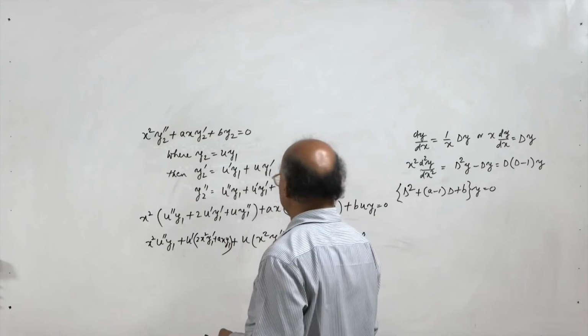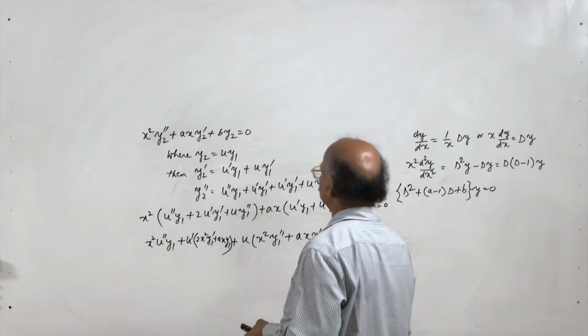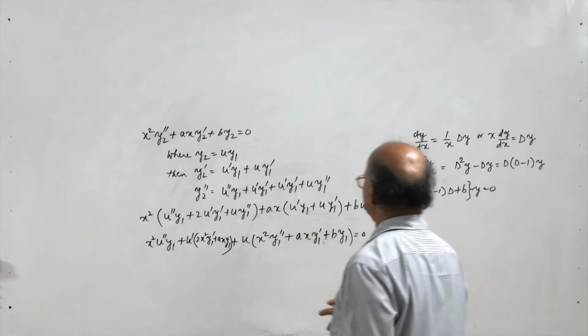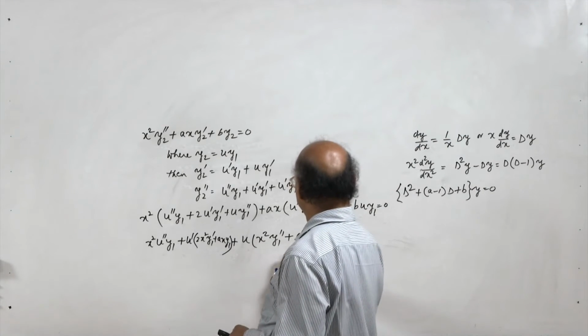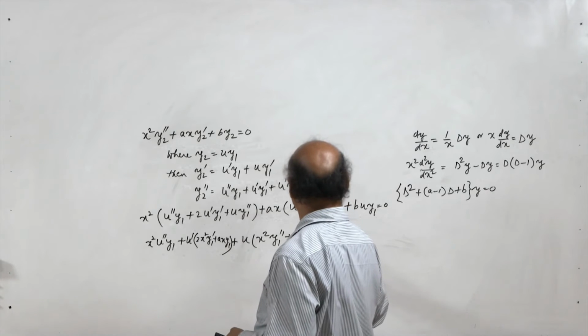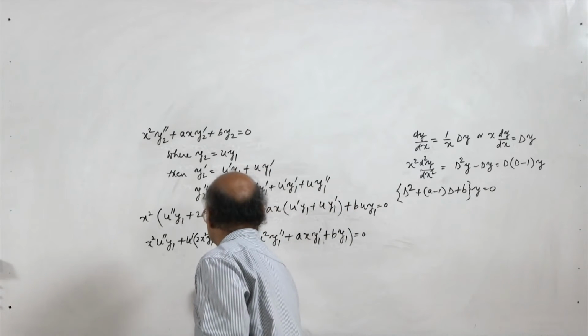Now, let us see, since y1 is a solution of the given differential equation, x square y1 double dash plus a x y1 dash plus b y1 equal to 0.